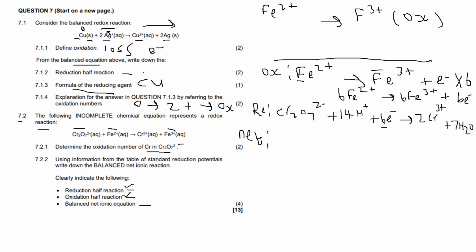And then from there onwards, the first thing to do is to cancel electrons, because one is on the left and the other is on the right. So the electrons will cancel each other. Whatever is remaining on the left side, just copy it as it is.